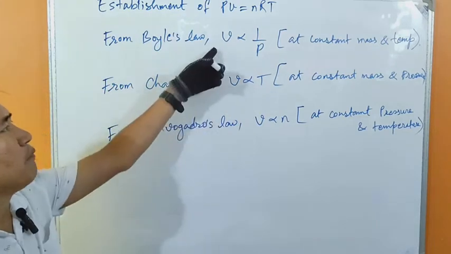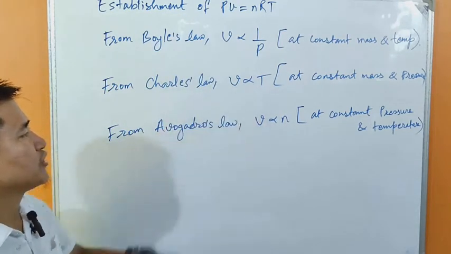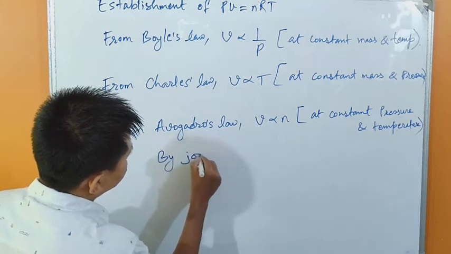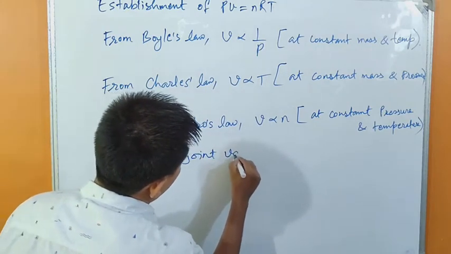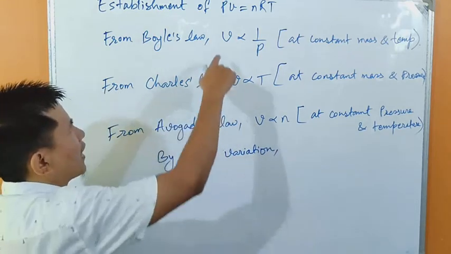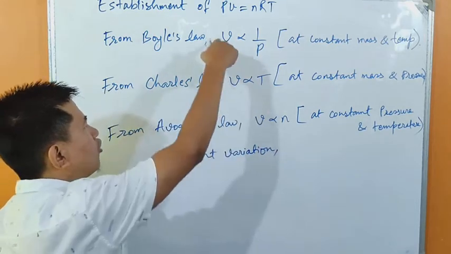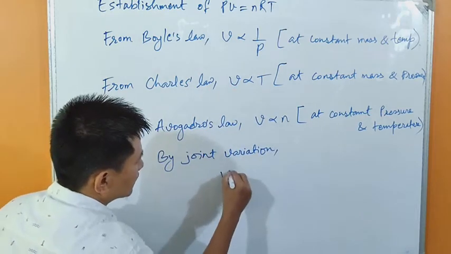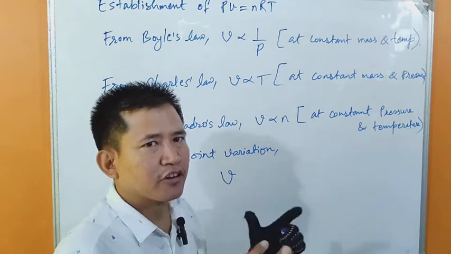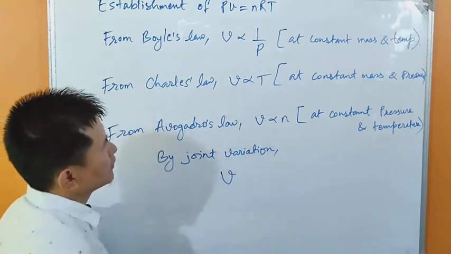Okay, now by joint variation, combining all these three laws, we can write V, V and V, all these three V as a single V. This is the rule of mathematics in the chapter called variation. You can learn that there.